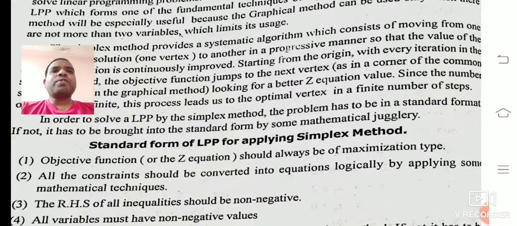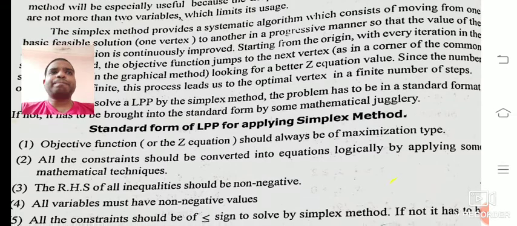Now, the standard form of LPP for applying the simplex method. These are the conditions. The first one is that the objective function, or the z equation, should always be of maximization type. The simplex method can be used only to solve the maximization type of problem.